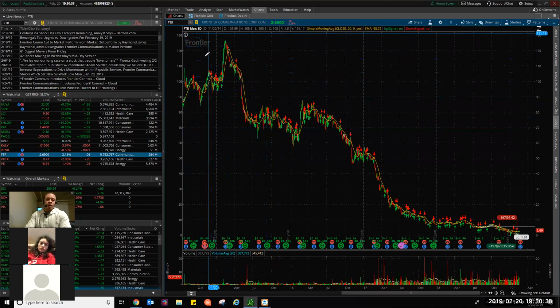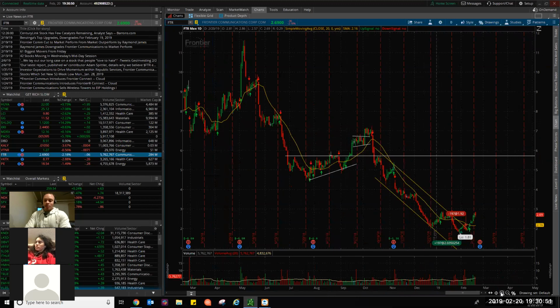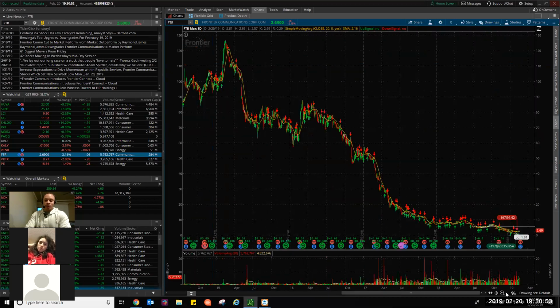I don't know who your internet service is, but I actually have Frontier right now for my internet. So this is a company that I'm actually using in real life. From this standpoint, I can see what this stock has done overall. It's traded in the $100 range before, which is great.